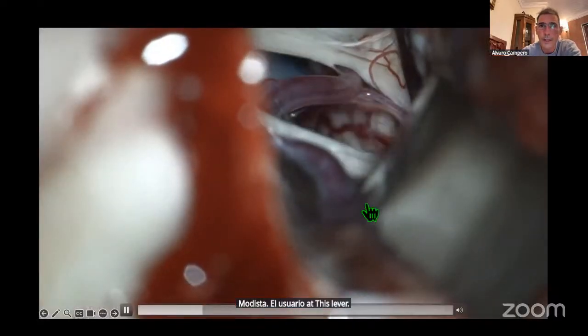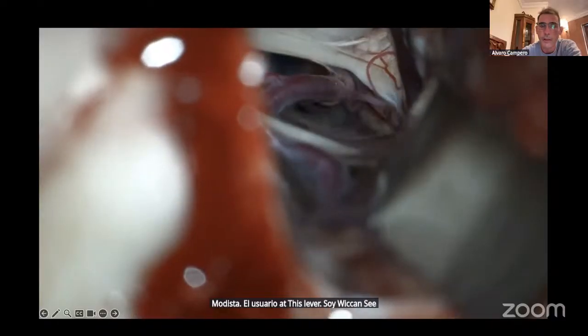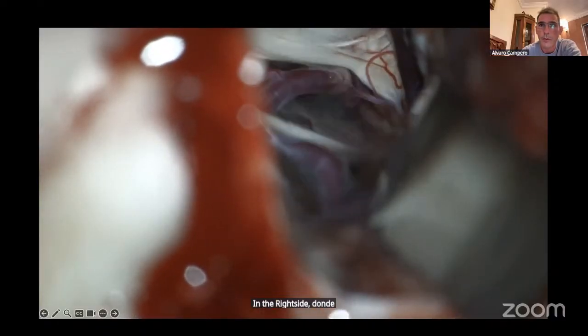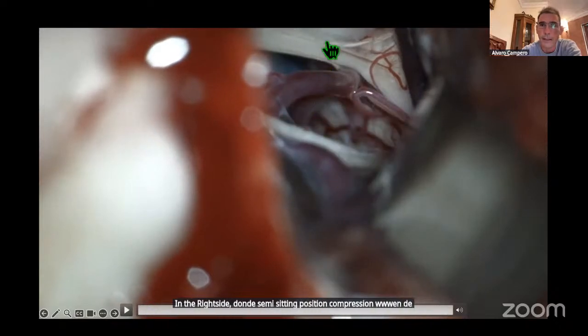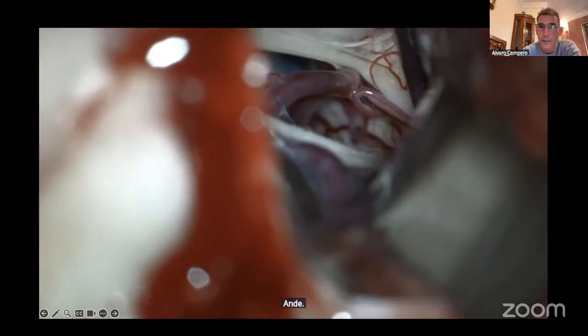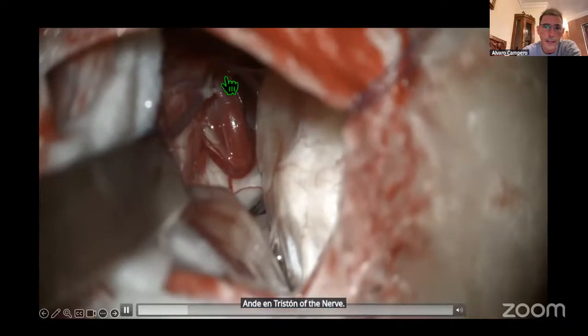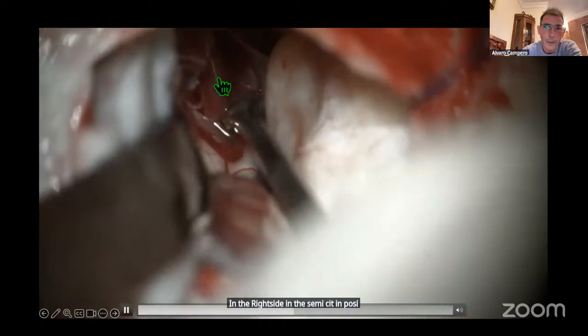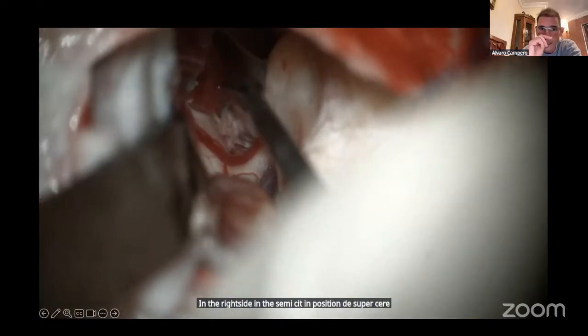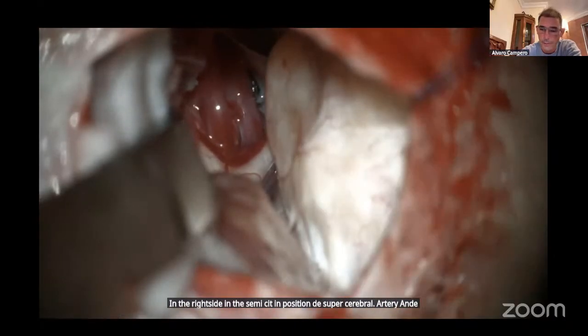We can see in this video, on the right side, in the semi-sitting position, a compression between the inferior cerebellar artery and the entry zone of the nerve. In this case, on the right side, in the semi-sitting position, we have the superior cerebellar artery and the entry zone of the nerve.